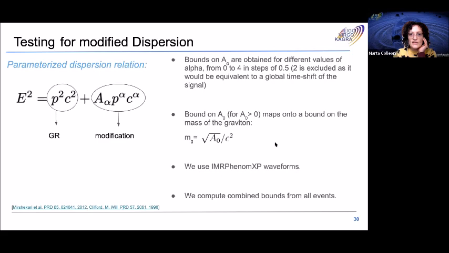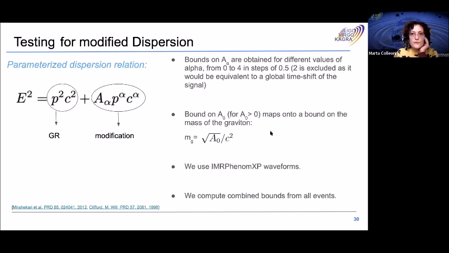the signal. From this expression, we can also see that if we calculate bounds on A0, when A0 is positive, we can also convert these bounds into bounds for the mass of the graviton, which is given by this expression in terms of our parameterized dispersion relation.